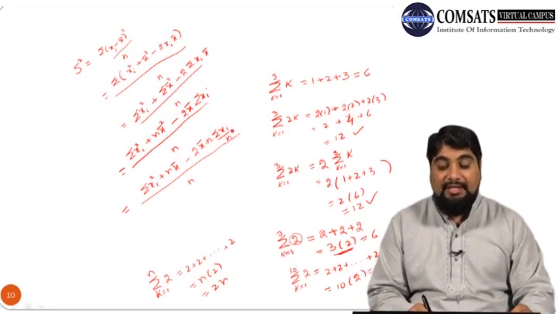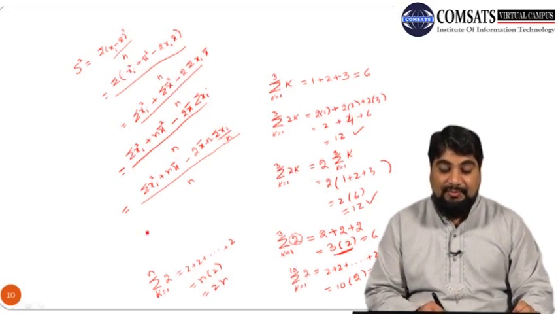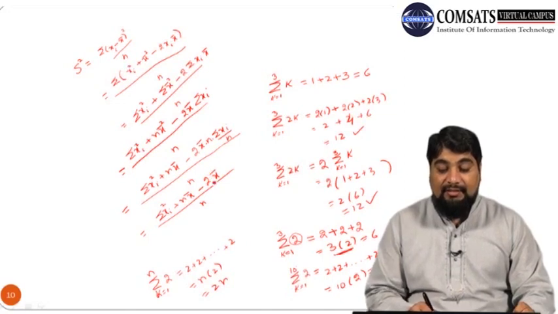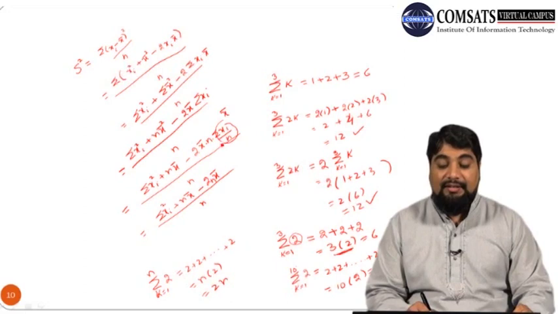Why did I do this? Because this summation xi over n is x bar, which will help in simplifying this expression. So this n as it is, summation xi square as it is, plus n x bar minus 2 x bar and this n, so 2n x bar, and we know that it is x bar, summation x over n.